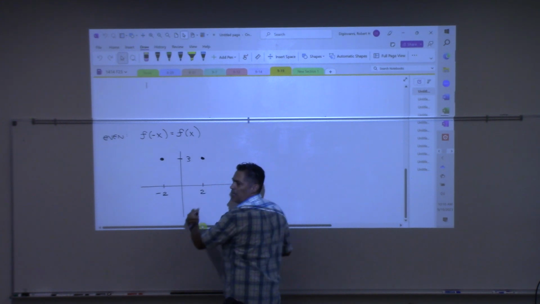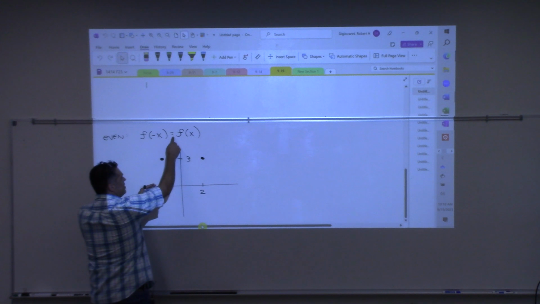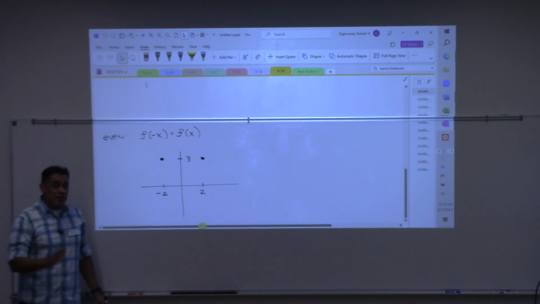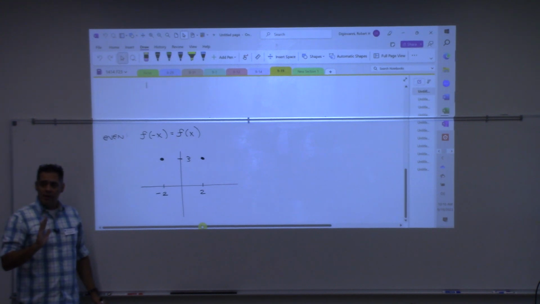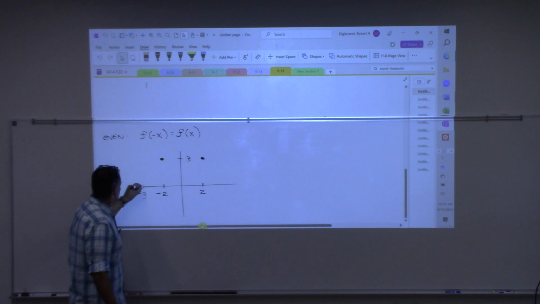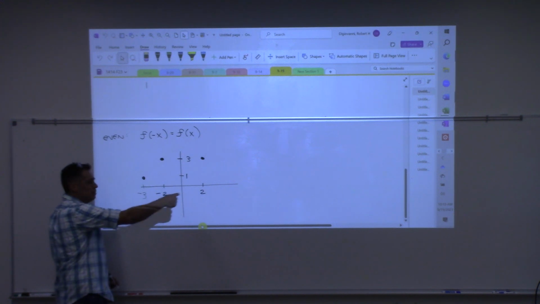That's what it would mean to be even, that when I plug in the negative value, I get some answer. It's the same as plugging in the positive. I get the same answer. See that? And that should work for every value I ever pick. So let's say I had another value here at -3. Let's say it was 1. Then what should it be at +3? 1.